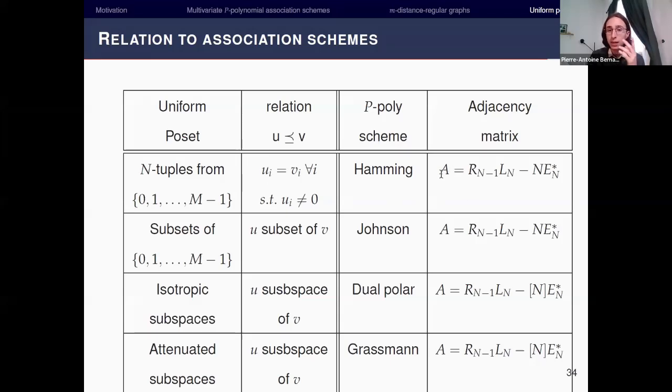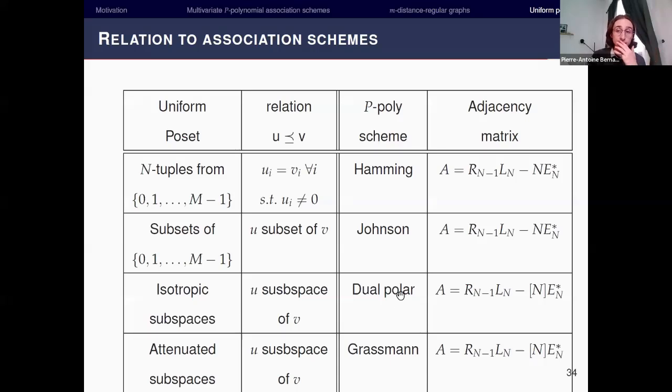So you see this matrix A for the Hamming scheme. It's a combination of Ln and Rn minus 1 and some projection over the fiber N. N is the last fiber in the scheme. And so basically, two elements in the Hamming scheme are adjacent if they are connected by going down by one fiber and then going back up to the same fiber on the top fiber. But they are all on the top fiber of these schemes.